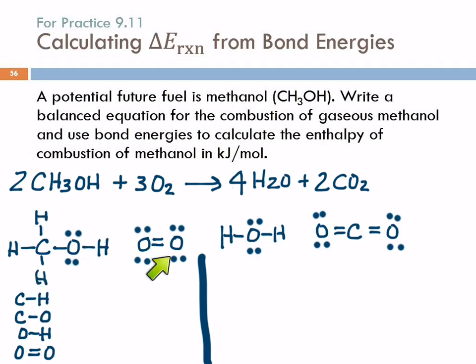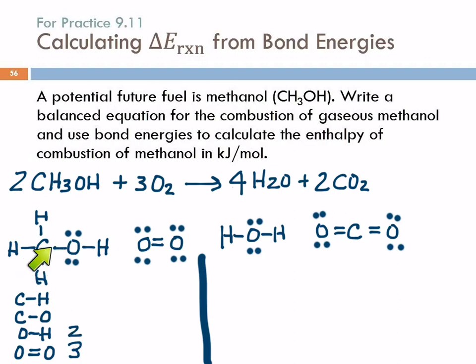Let's look at oxygen first. We have 3 of these molecules. So that means we have 3 double bonds that are being broken. We have 2 of these molecules. In each molecule, there's 1 oxygen-hydrogen bond. So 2 are going to be broken.